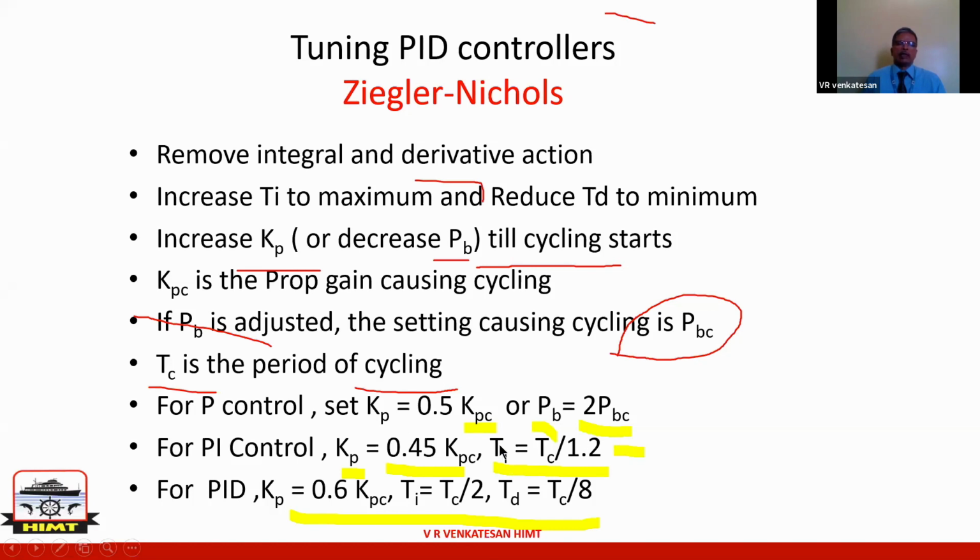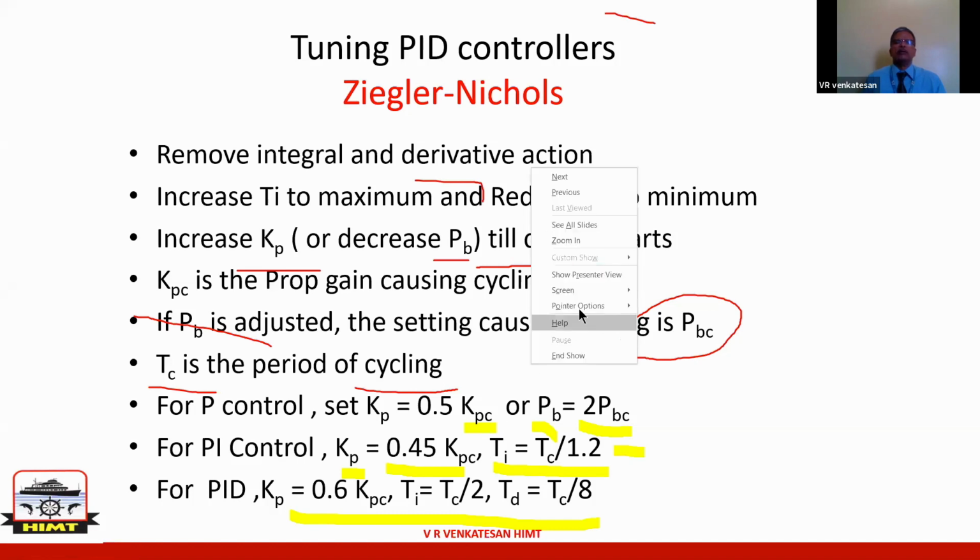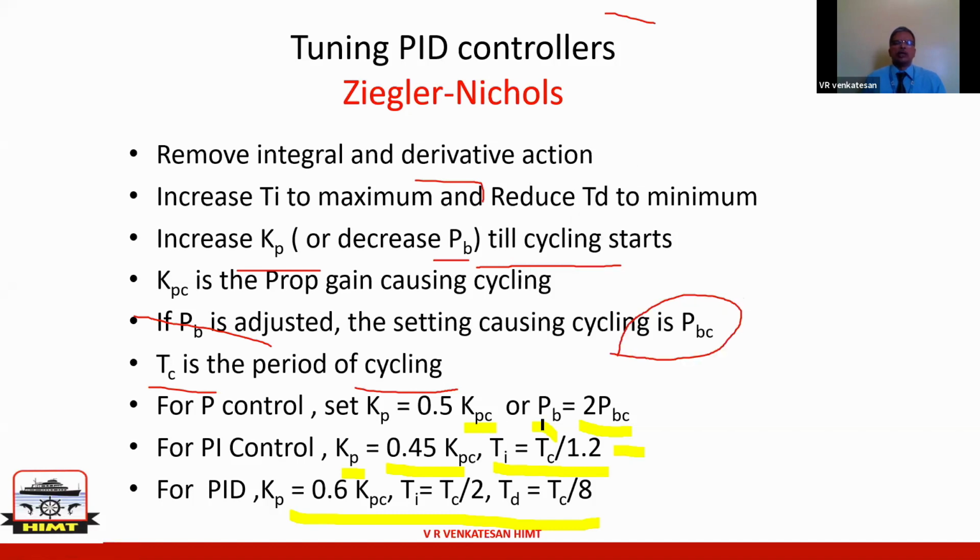Here it is telling cycling time, TC. For integral control, you must set TI as TC divided by 1.2. The meaning is that if the valve took 12 seconds, just for understanding, to go from fully shut back to fully open, then I must turn that integral time dial to 12 divided by 1.2, which will be 10 seconds.